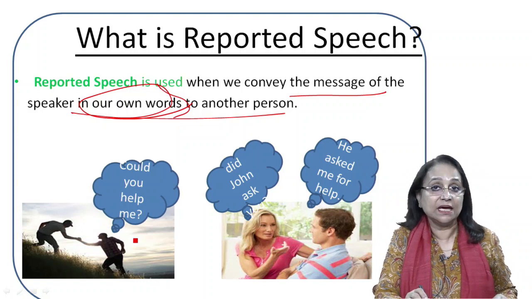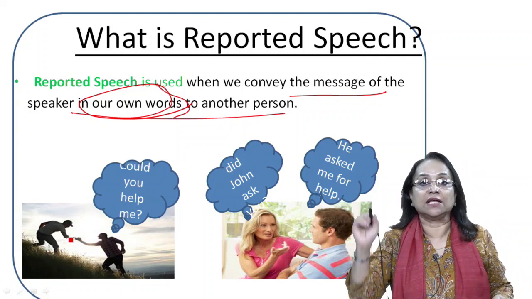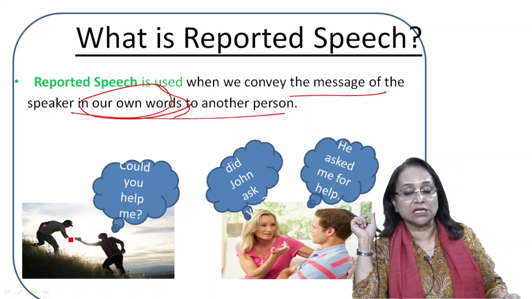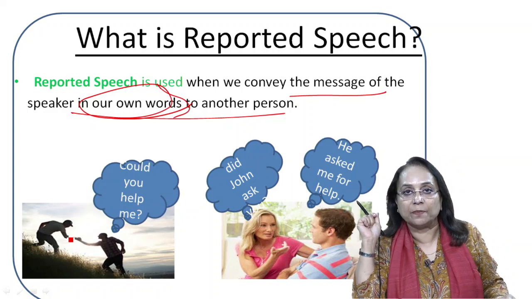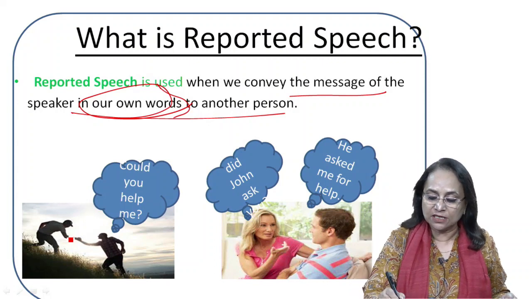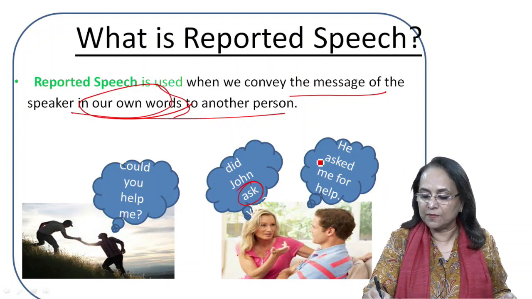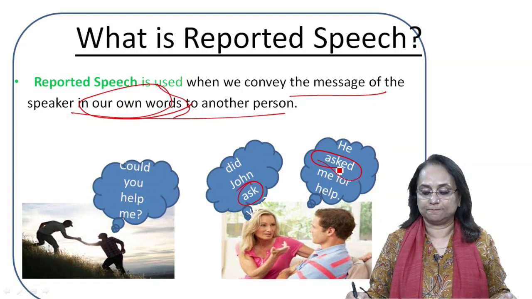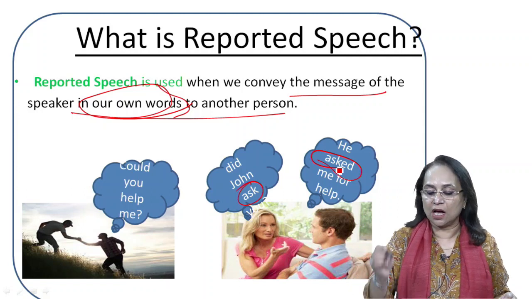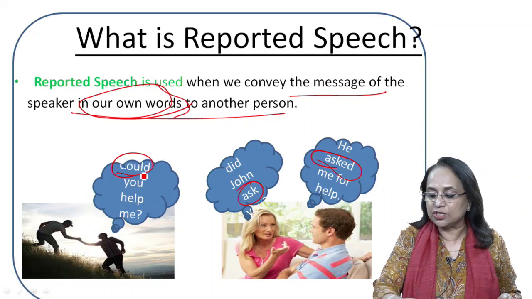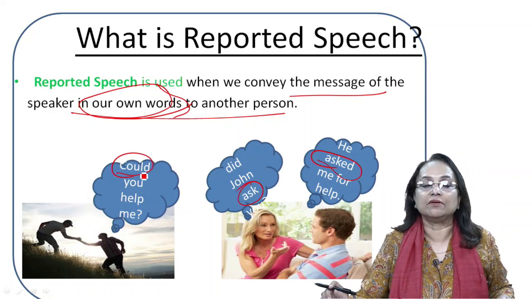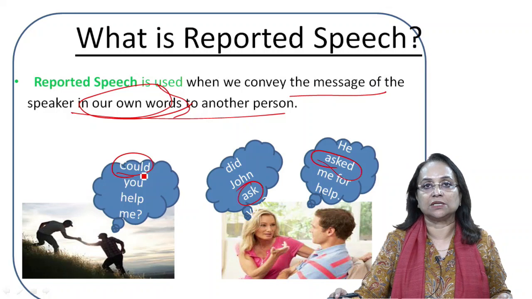"Could you help me?" This person asks. The girl asks, what did John ask you? He asked me for help. So there are certain words here that have changed. What did John ask you? He asked me for help. So there is this word could, which is not there in the reported part, right?